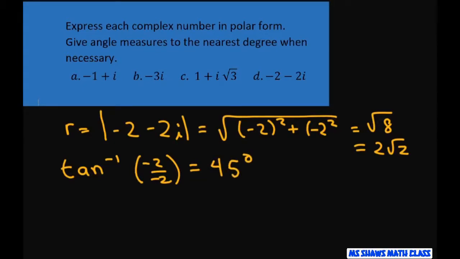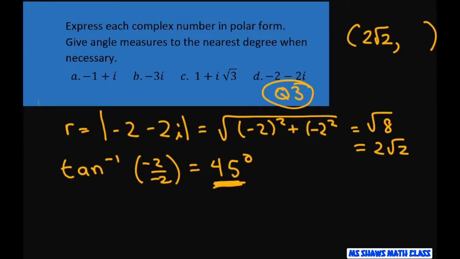Since both are negative, we're in quadrant 3, so we have to readjust this because our r has to be positive.